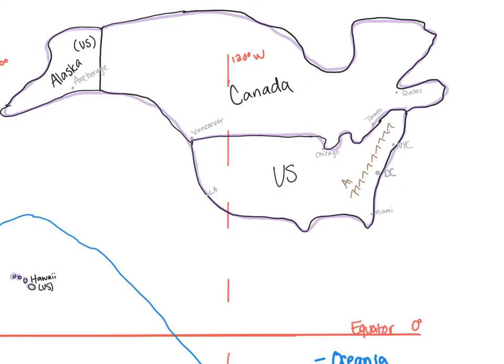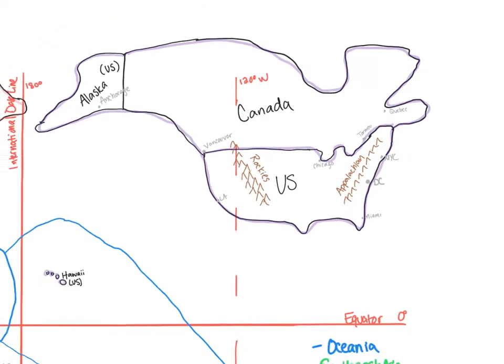This is the Appalachian. And then over here we have the Rockies. The Rockies go through Colorado and a little bit down into New Mexico there. These are the Rockies, the Rocky Mountains. Okay? That's it for North America.